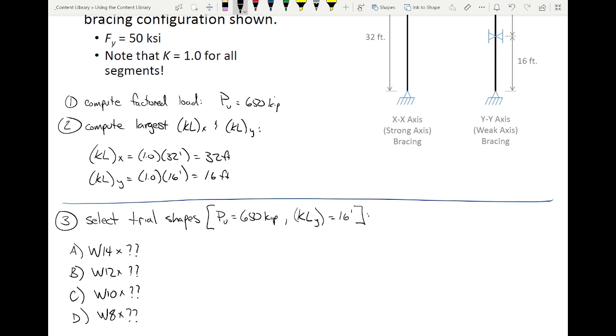So we have to go into table 4-1 with the data from the y-axis in order to select a trial shape. But we're not going to end this problem right after we pick these shapes. For each one of these shapes, we're going to have to verify their capacity using the x-axis. So we're not ignoring it. We're just going to deal with it in a little bit.